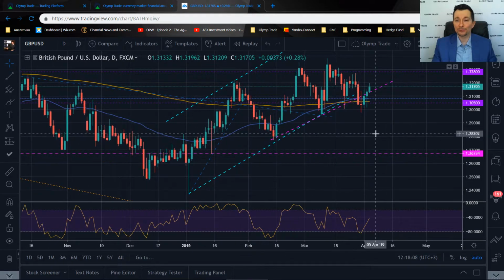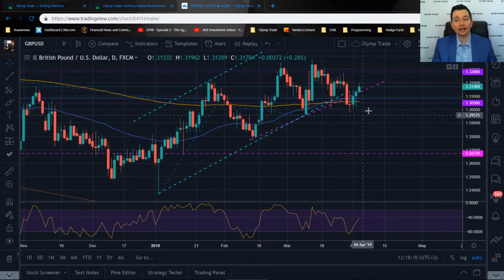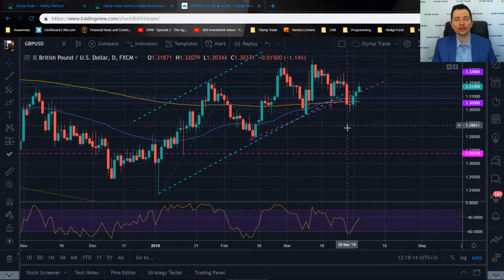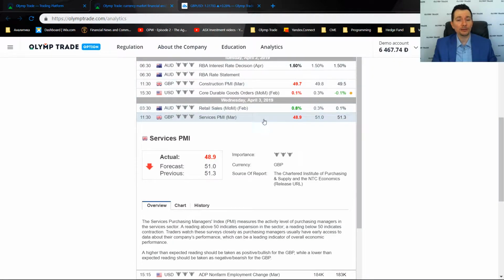This is one of the things that happens in the market. The only thing that I can tell you is that with this formation, there was a lot of bullish interest in the market before that. So the news isn't particularly market moving. Do you remember that a few days ago I told you that nowadays the services PMI is really important?